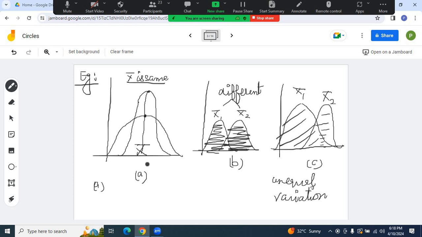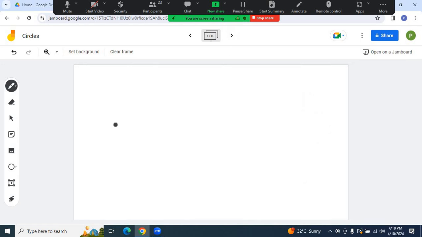Right? So next is a brief introduction to the measures of dispersion. Now the explanation part is when dispersion is small. Dispersion means variation.